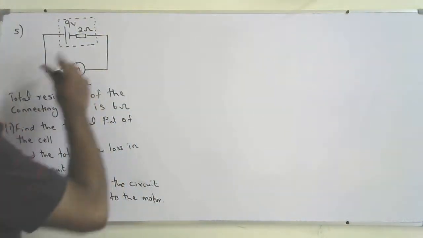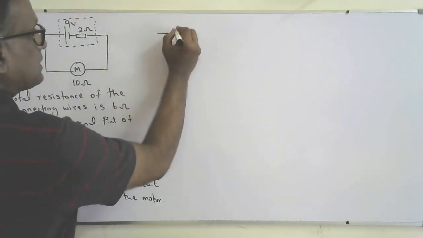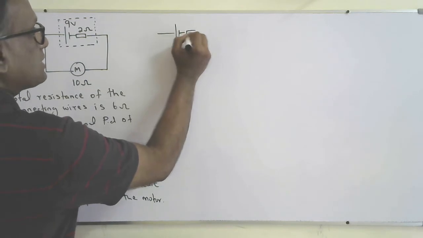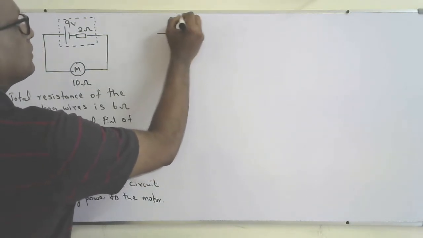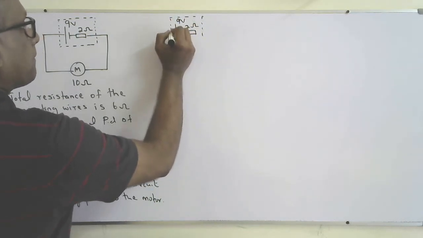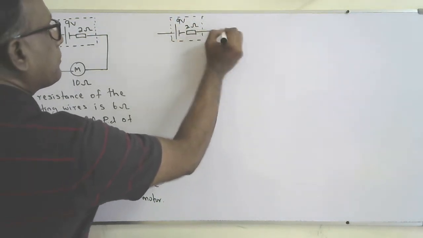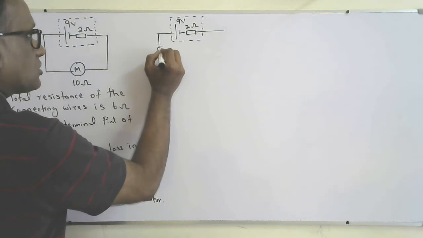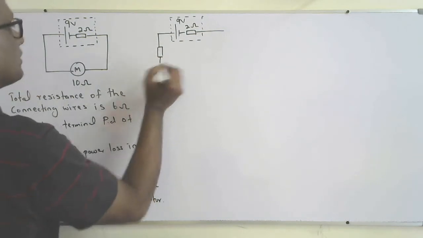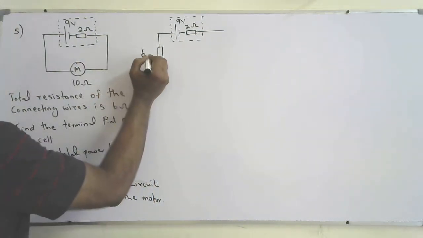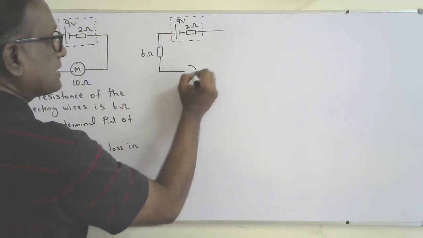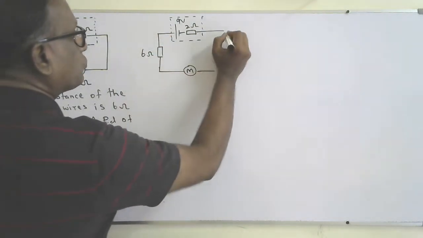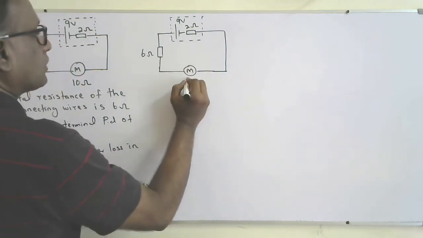Then I can imagine the wires as resistanceless wires. I can redraw the same circuit like this. This is 2 ohms, 9 volts. And you can show the resistance of the wires as a resistor, like 6 ohms. Then imagine these wires have no resistance. It is easy to handle this type of question. The resistance of the motor is 10 ohms.